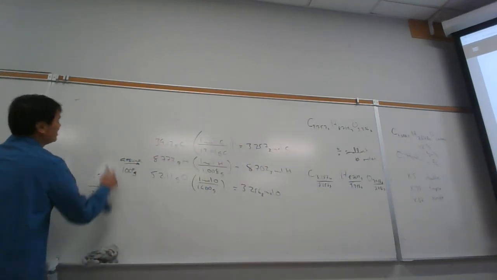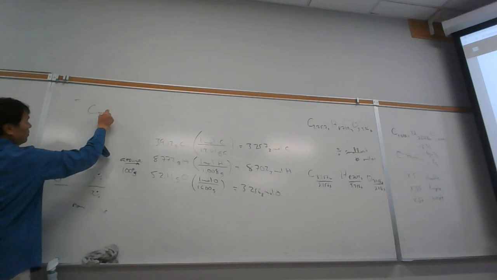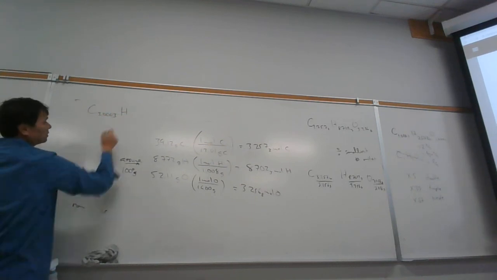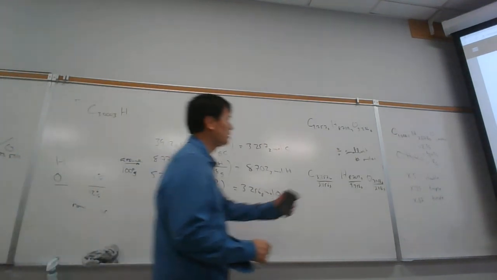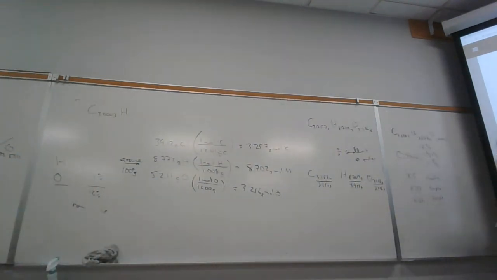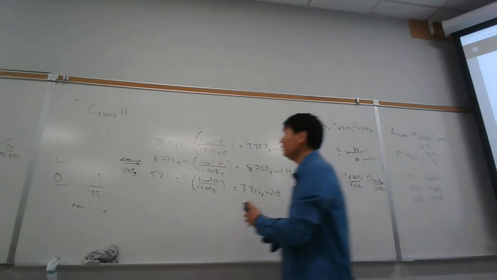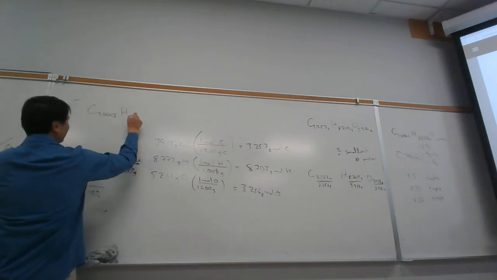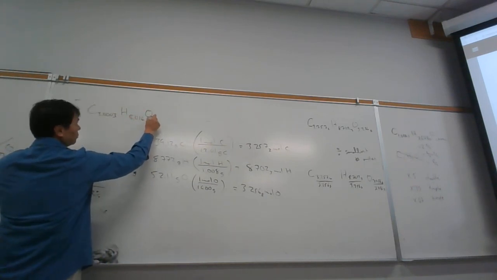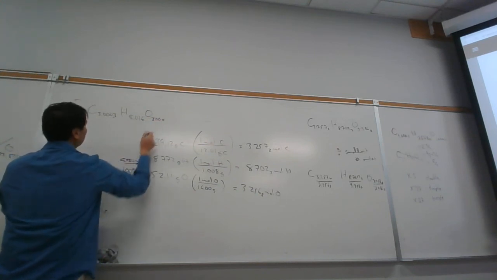I'm going to end up with C 3.0003, H. Okay, so I'm going to take 2.672 and multiply by 3. And that's going to give me 8.016, O 3.000.